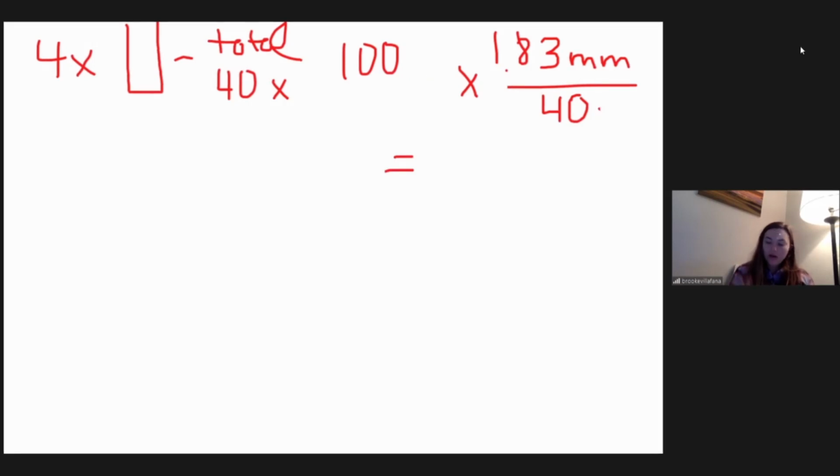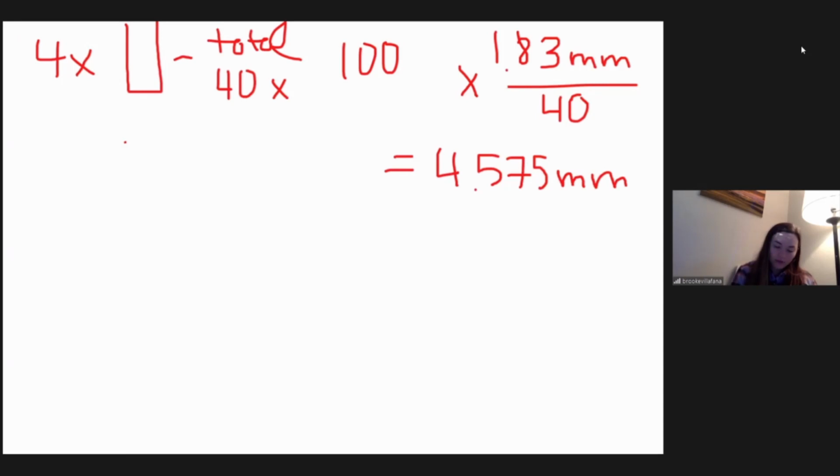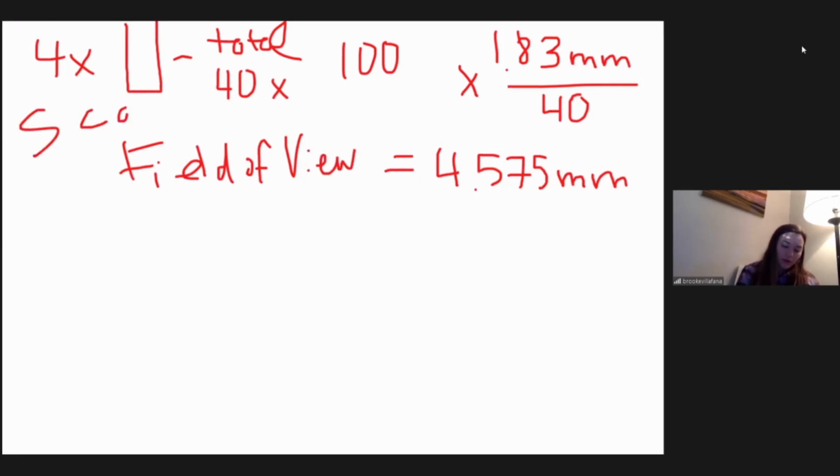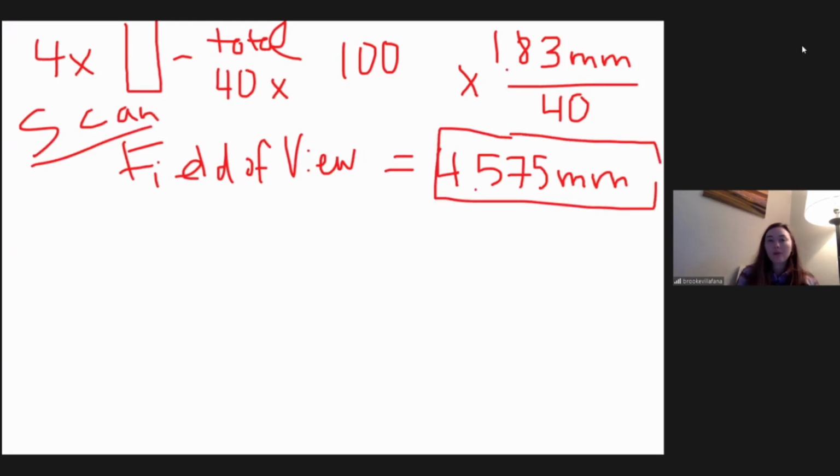So 100 times 1.83 millimeters divided by 40 is going to get you 4.575 millimeters. Okay, so the field of view for low power, for scanning power, is 4.575 millimeters. You can memorize that.